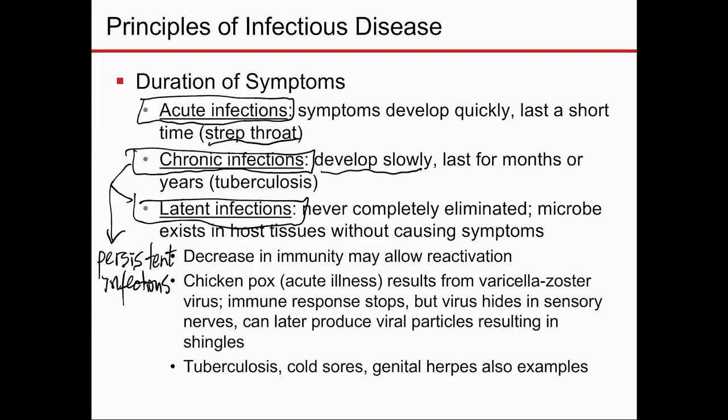Typical examples of chronic infections are hepatitis B virus and hepatitis C virus. For latent infections, herpes simplex virus, varicella zoster virus, and human papilloma virus can produce latent infections.